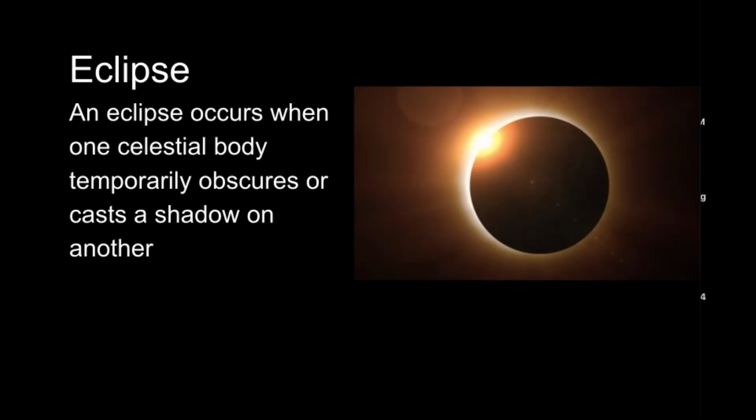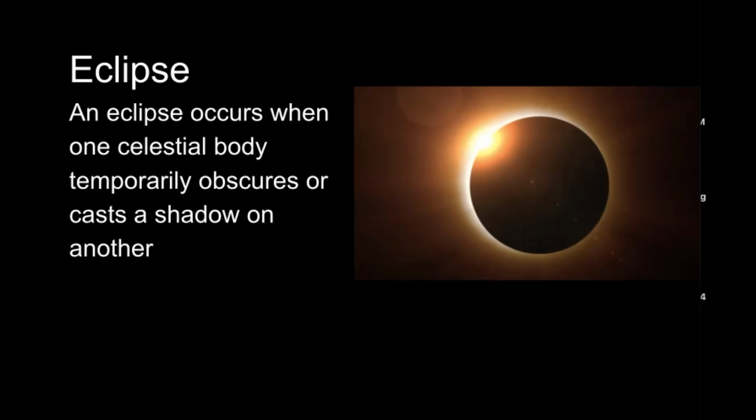And then Abigail, what was the other one? The lunar eclipse. Okay. So again, an eclipse is when one celestial body temporarily obscures or casts a shadow on another.